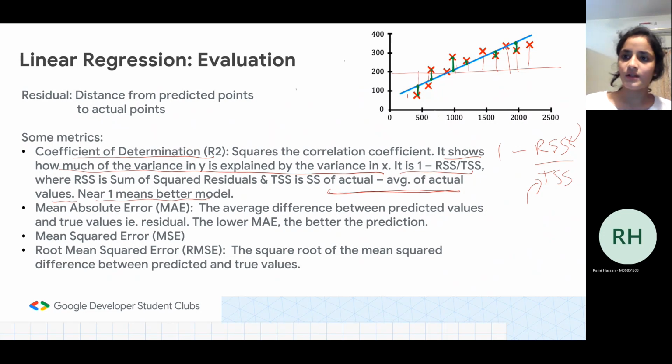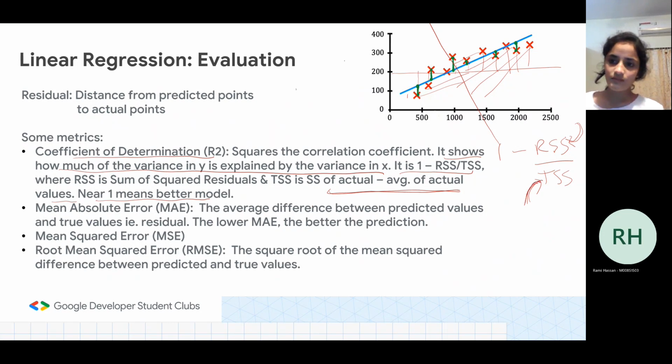Now, if I draw a line that's like this, the exact opposite of a good line, then you can already say that the residuals are going to be much larger than this actual minus average of actual. So RSS will be big and TSS will be comparatively smaller. And we're going to get a bigger number because it's a big value divided by a small value.